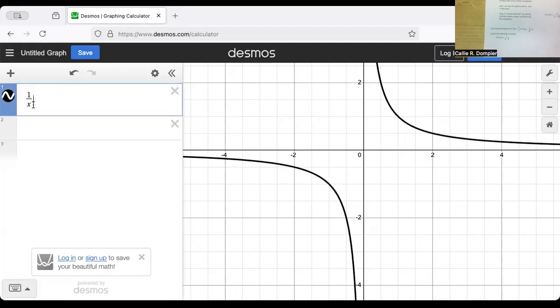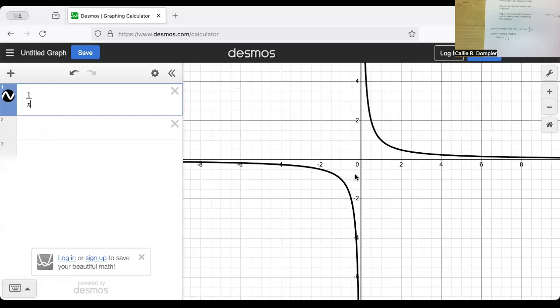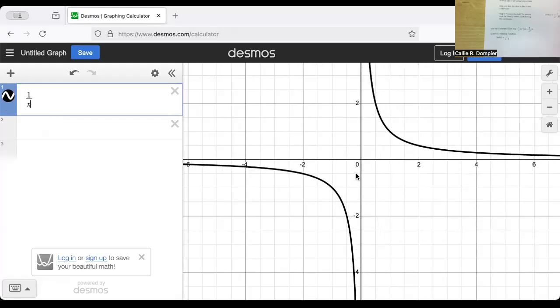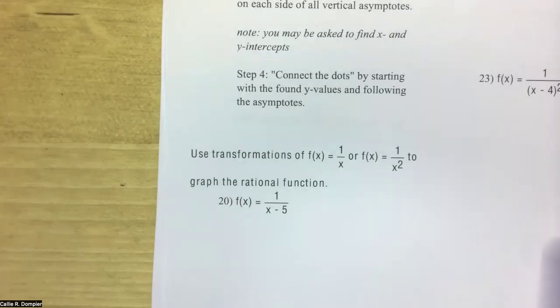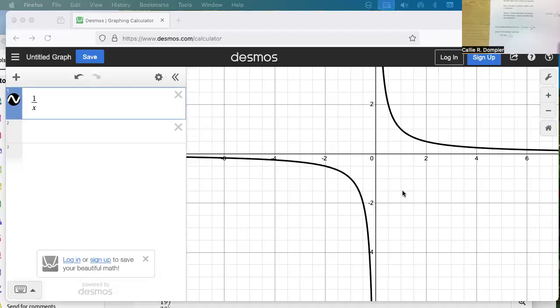So what if I subtract 5 from this x? All right, we've got f of x equals 1 over x. We know what that looks like. It has a horizontal asymptote at x equals 0, vertical asymptote at y equals 0, right?